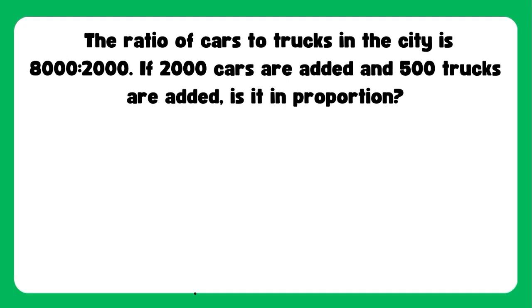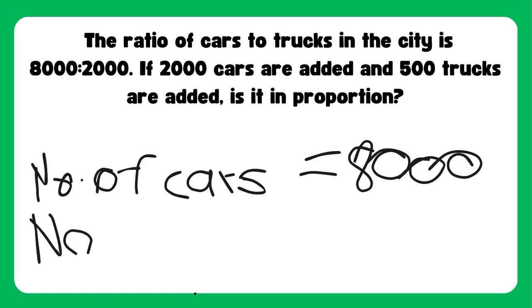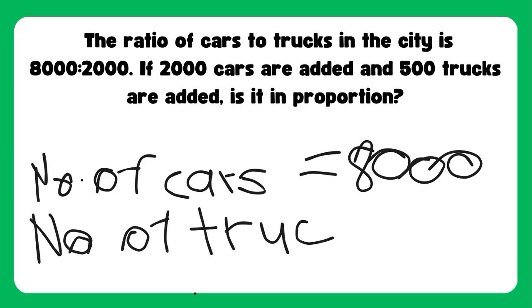Now, the ratio of cars to trucks in a city is 8,000 to 2,000. If 2,000 cars are added and 500 trucks are added, is it still in proportion? So what we will do is just number of cars, it's equal to 8,000, and then number of trucks, it's equal to 2,000.